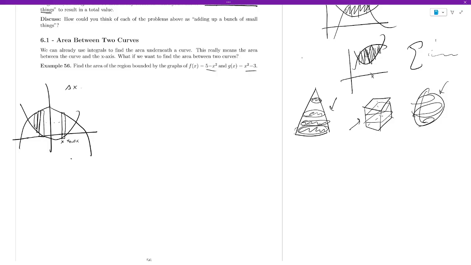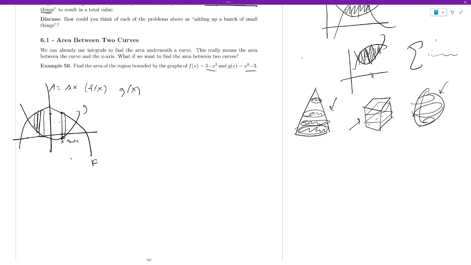And what's the height? I called this top function f, and this bottom function g. So the top height value here is f of x, and the bottom y value here is g of x.